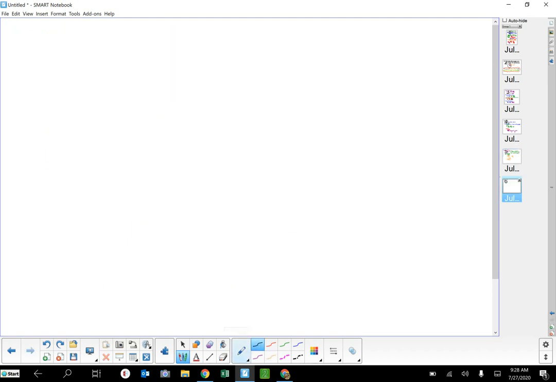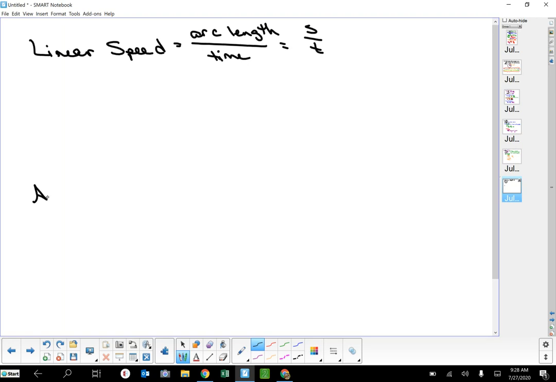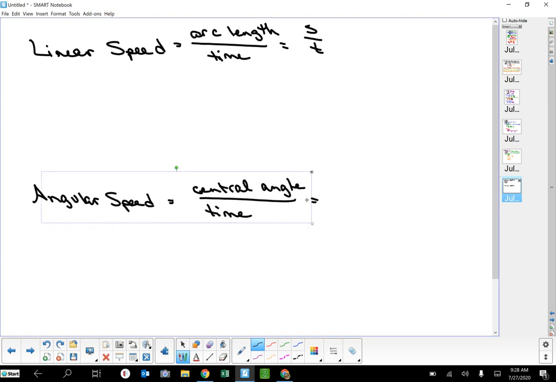So you have linear speed is arc length over time, which is s over t, and then you have angular speed, which is central angle, and that guy is theta over t.